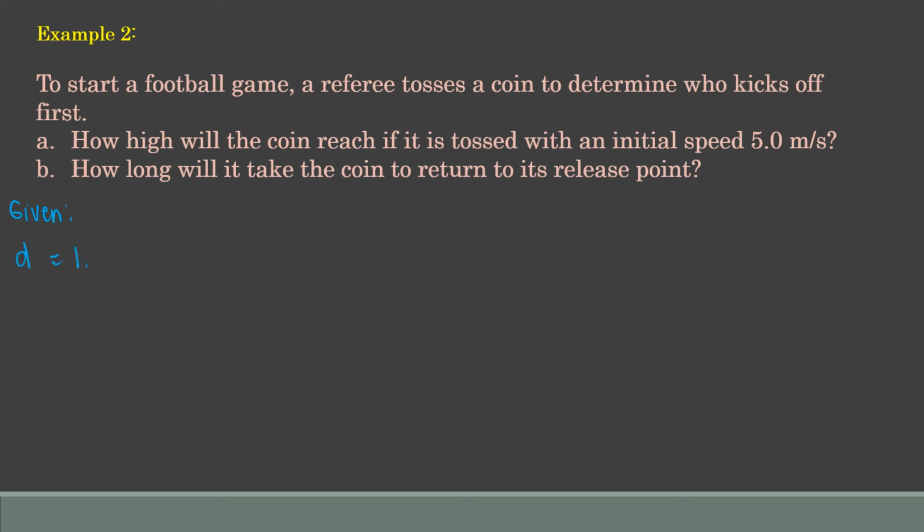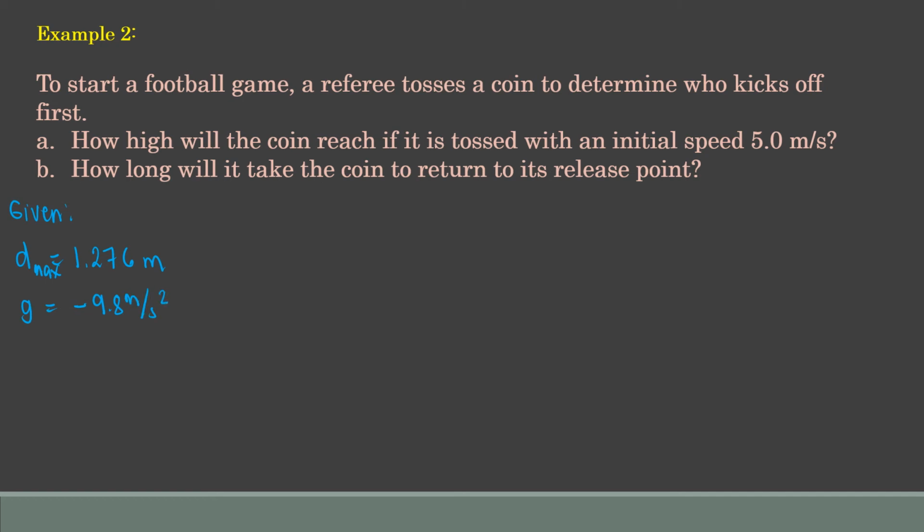We have 1.276. I will be writing here D max so that we would know that this is the maximum height reached. Our G is still negative 9.8 meter per second square.